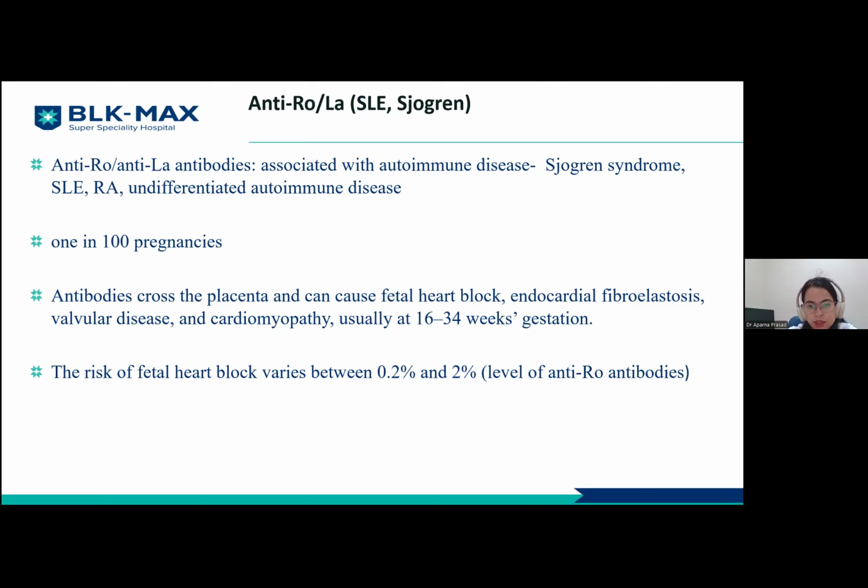It causes an imbalance of calcium homeostasis, which can further increase the levels of interferons. The presentation can be cutaneous, hematological, or hepatobiliary. In cardiac, we can have fetal heart blocks. It usually starts at 16 to 34 weeks of gestation. The risk of fetal heart block varies between 0.2 to 2%, and it depends on the levels of anti-Ro antibodies.